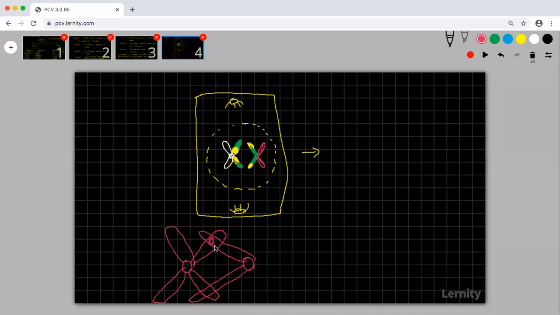This joint is called chiasma. The place where the crossing over happens, the joining position, is called chiasma. Are we clear?